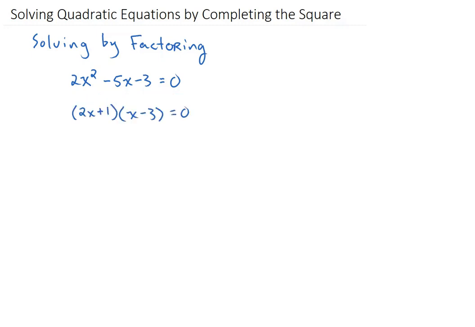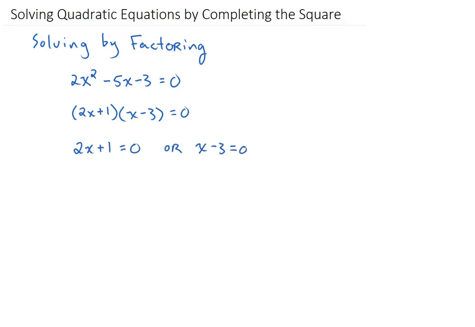In particular, this equation factors as the quantity of 2x plus 1 times the quantity x minus 3. And that's still equal to 0. And the equal to 0 part is key because that allows me to take each one of these factors and set them equal to 0, essentially breaking this one equation into two equations that we have techniques for solving.